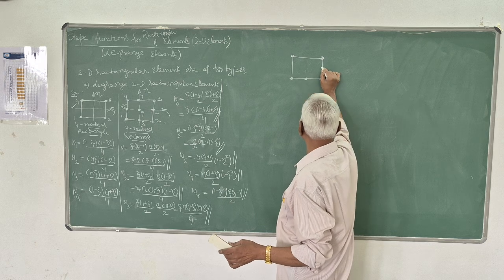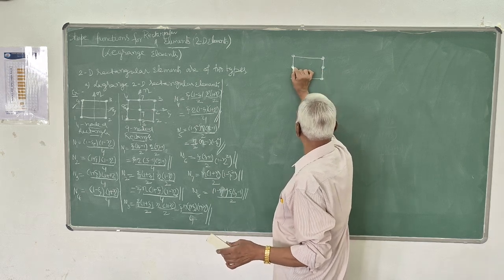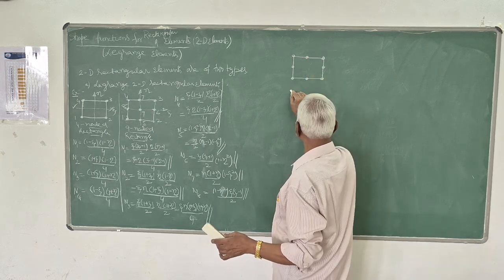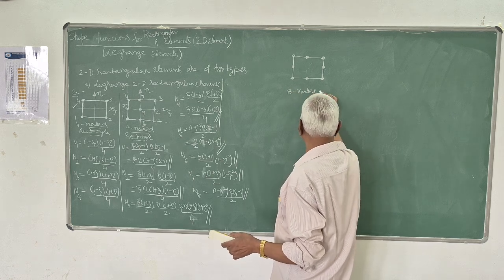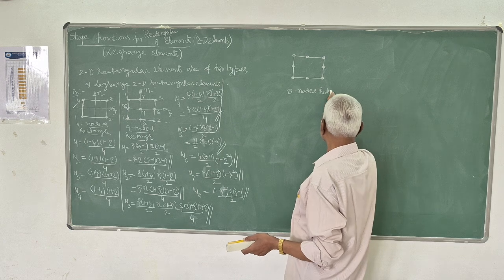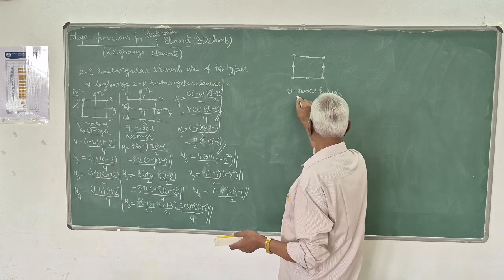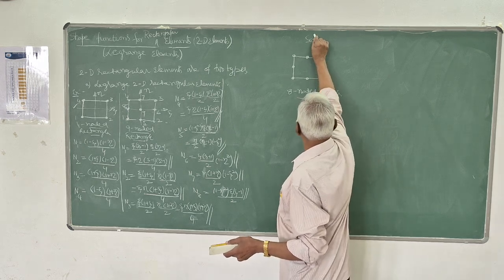By inspection, I would like to give the shape functions for the 8 node rectangular element. This is the serendipity.